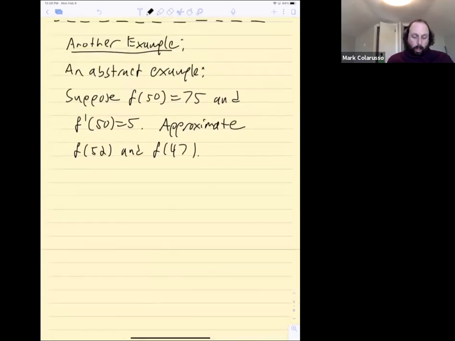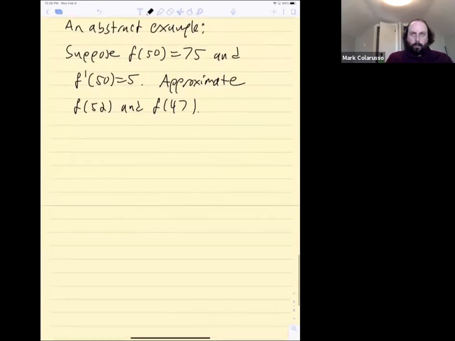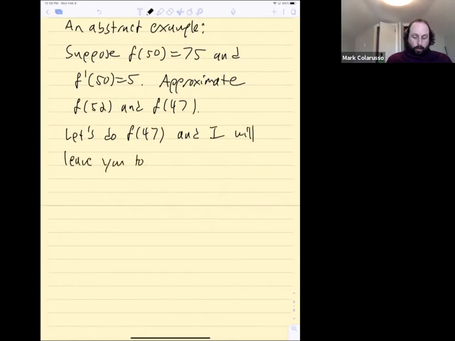Maybe I will do one of these and you can try the other. Let me do 47, because that one involves a negative h instead of a positive one. We haven't done one like that before. The 52 I'll leave to you. It's very similar, and there are tons of these on the homework on MyLab Math.